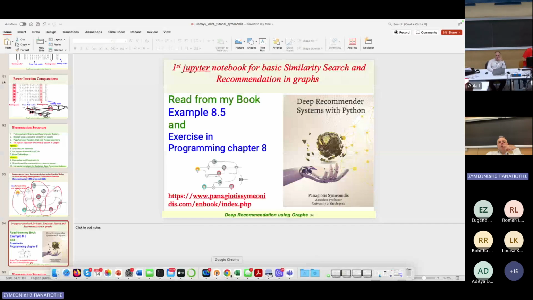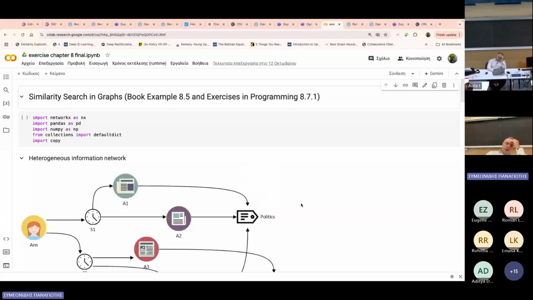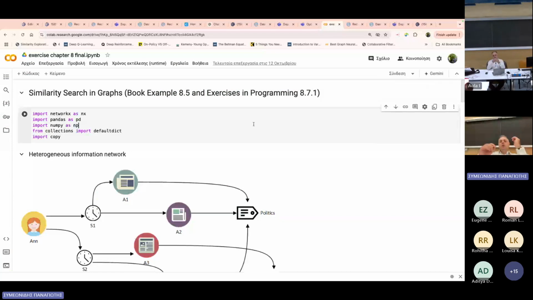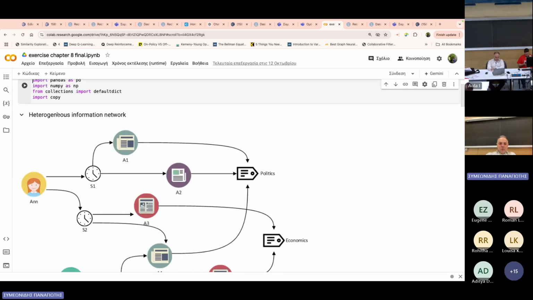Yeah. And now we are in the Colab environment, where we can see, in order to run algorithms on graphs, we can use this NetworkX library. This is a nice library that helps us to work with graph structures. There are many things that are already implemented, and we can use it.